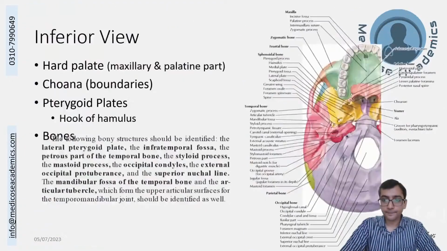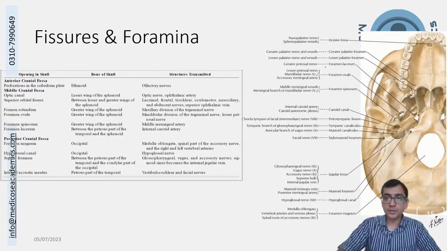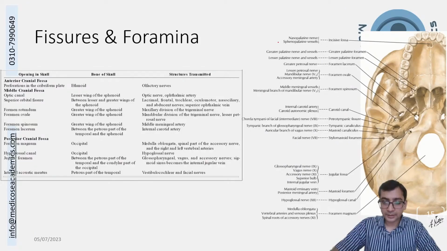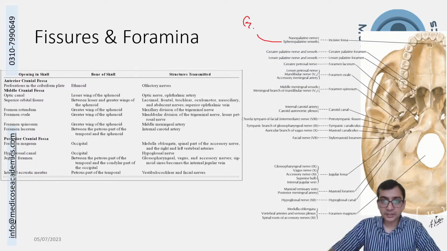You will see two names right here. In different books you will read sphenopalatine, and in a few books you will read greater palatine. Why is it written like this?